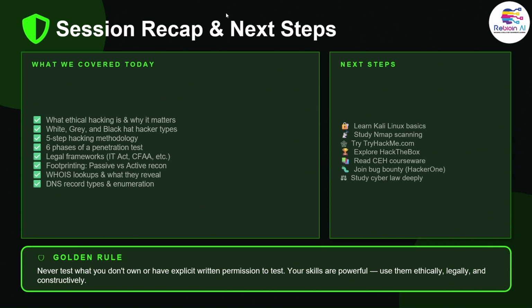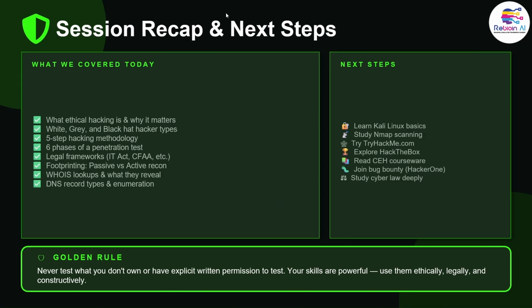We started from zero, understanding what ethical hacking is and why it's a legitimate, in-demand career. We learned the difference between white, gray, and black hat hackers and why that gray area is still legally dangerous.